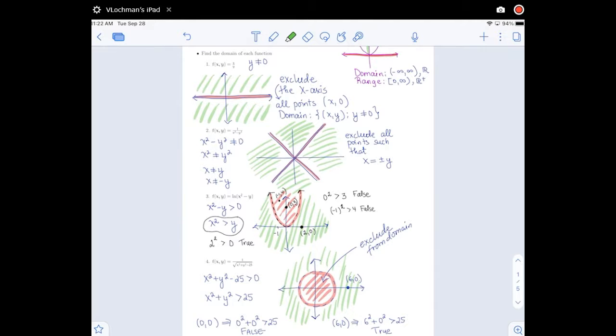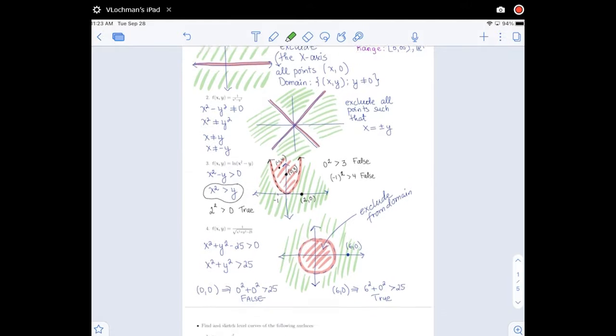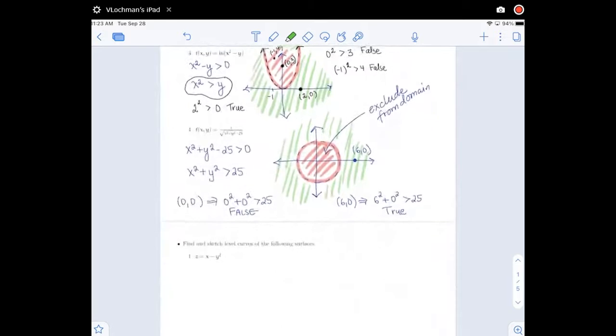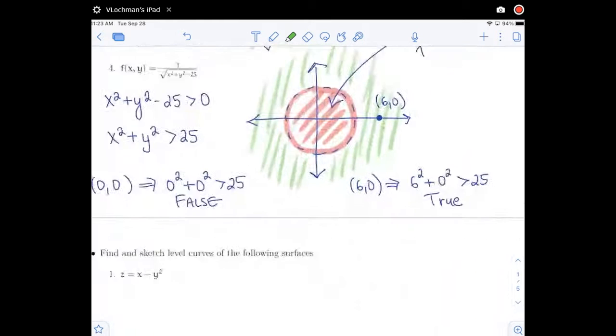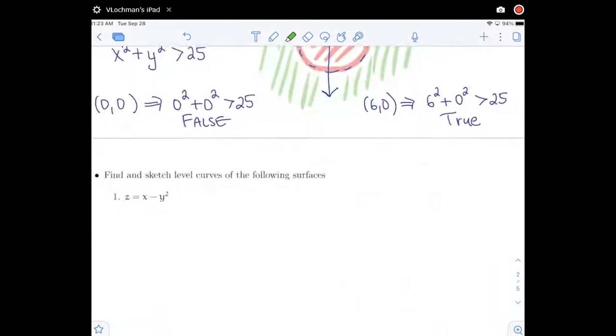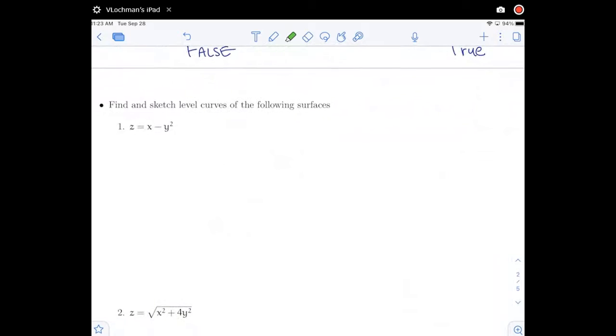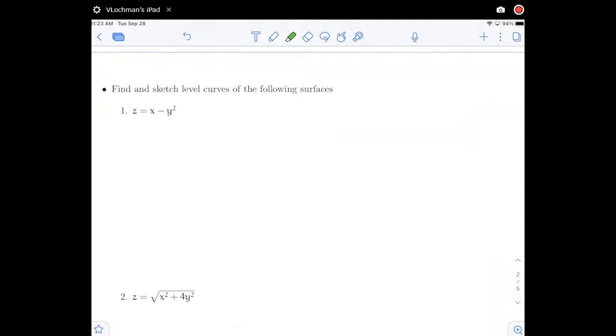So then the next thing that we're going to discuss is level curves for surfaces. Okay. So what are level curves? Level curves are used to visualize higher dimensional surfaces when we can't really graph them.